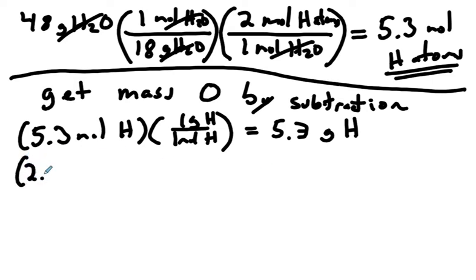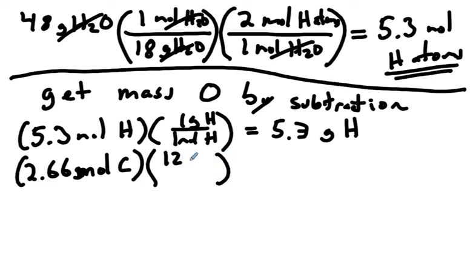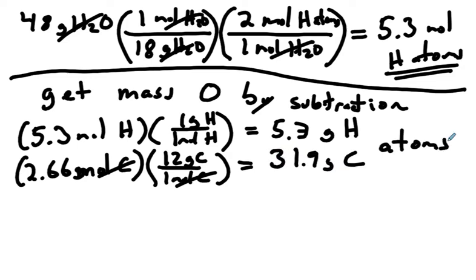We also have 2.66 moles of carbon atoms, and we know there's 12 grams of carbon for every 1 mole of carbon. So that comes out to be 31.9. Okay, so if we add that up, the total mass that came from carbon and hydrogen was 37.2 grams.